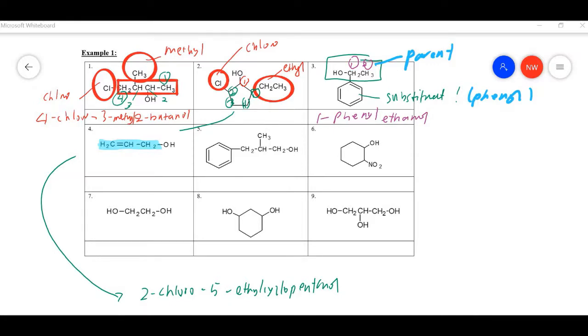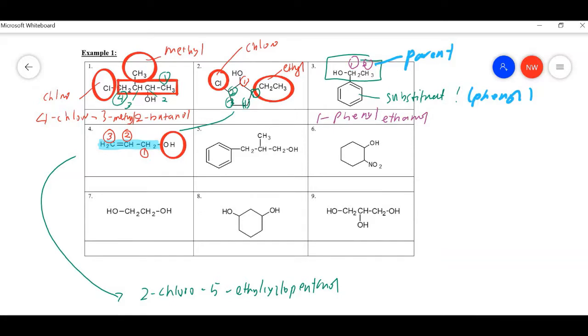Kalau melibatkan double bond dan juga OH, siapa yang ada highest priority? Siapa yang kita nak letakkan sebagai lowest position? Kita kena letakkan OH the highest priority, OH yang akan jadi highest priority berbanding double bond. Jadi ini carbon number 1, ini carbon number 2, ini carbon number 3. Sekarang kita tahu ada 3 carbon.